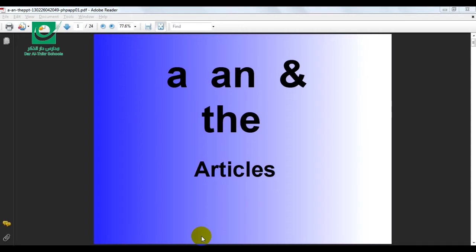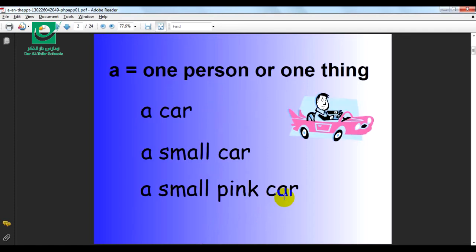Now we will learn how we can use a, an, and the before nouns. For example, we use a if we talk about one person or one thing, like I can see a small car, or there is a small pink car.